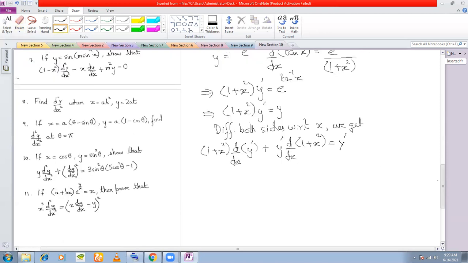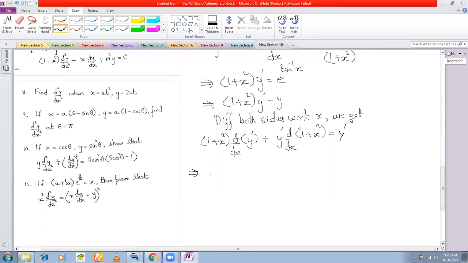Right? So now 1 plus x square ddx y dashed is y double dashed plus y dashed ddx 1 plus x square is 2x is equal to y dashed.